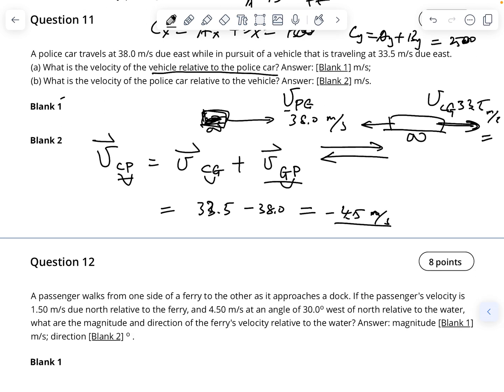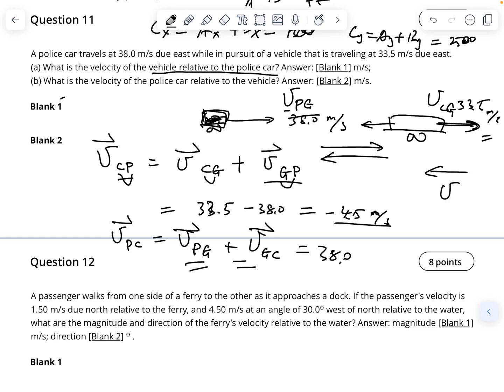What is the velocity of the police car relative to the vehicle? You see, VPC, police car relative to the car. Police officer relative to the car, so VP ground plus V ground car. This guy is 30.0. This is the C ground and the ground C, ground to the car.